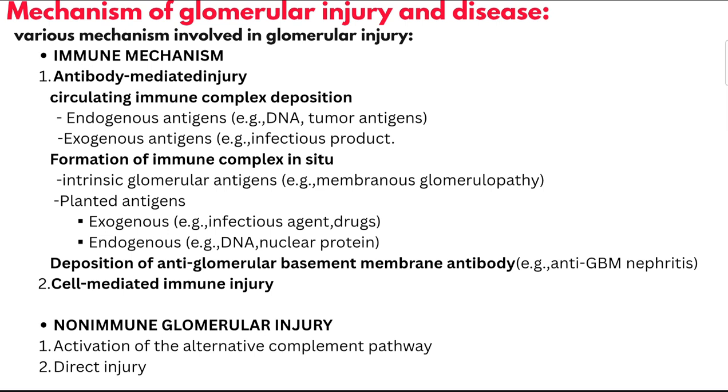Deposition of anti-glomerular basement membrane antibody is typical in anti-GBM nephritis. Cell-mediated immune injury also contributes significantly to glomerular damage.